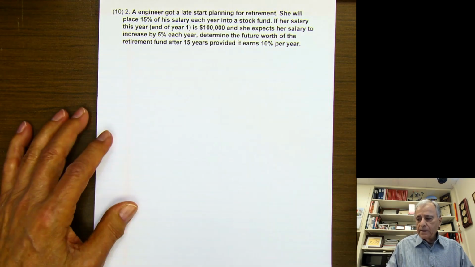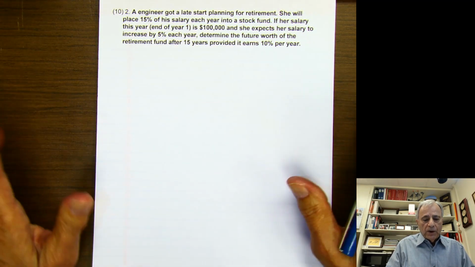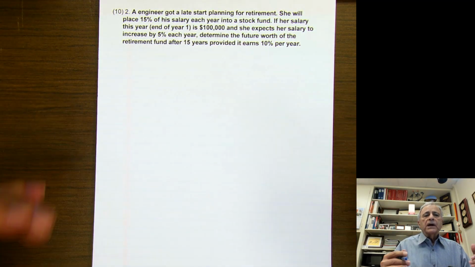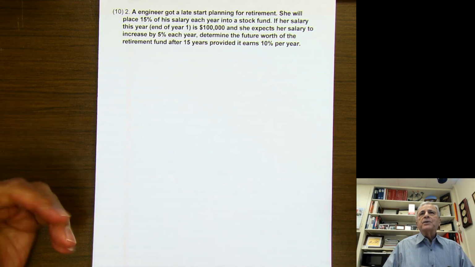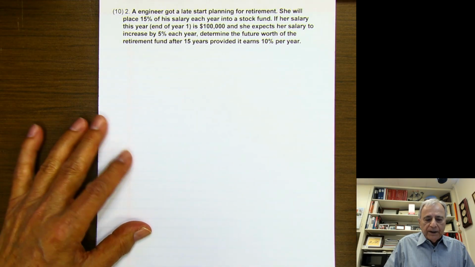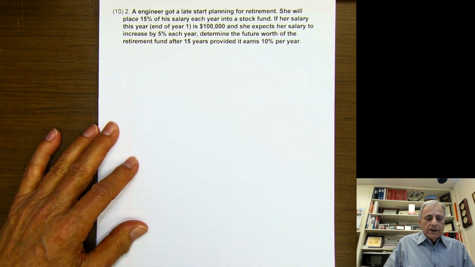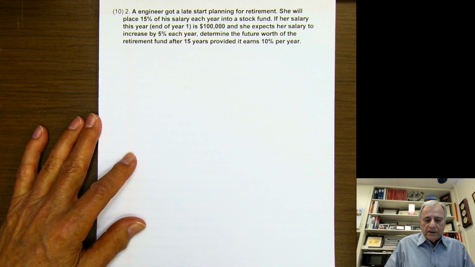So I'm going through all the steps now, drawing the cash flow diagram, using the general formula, and then plugging in numbers and so on. An engineer got a late start planning for retirement. She will place 15% of her salary each year into a stock fund.